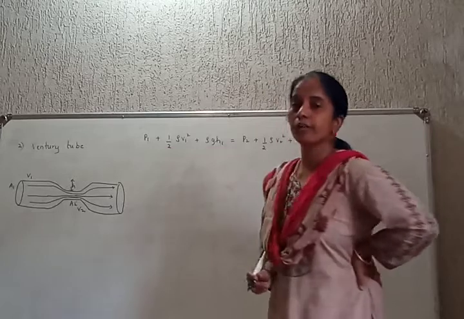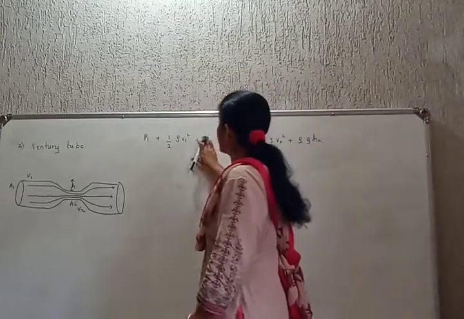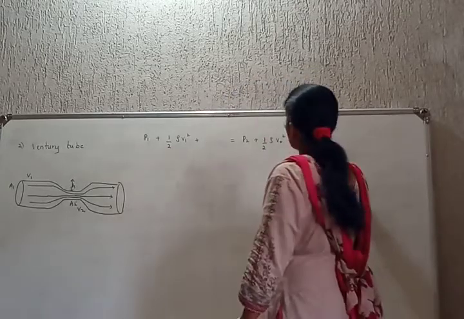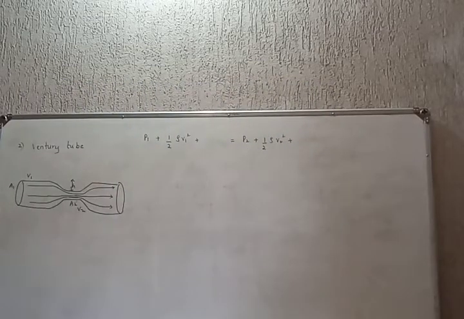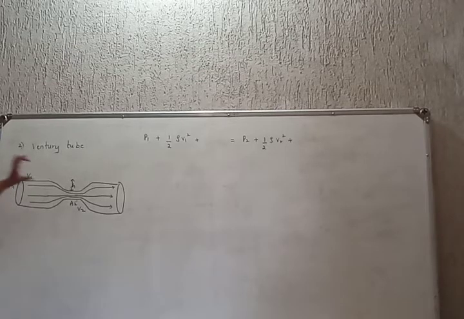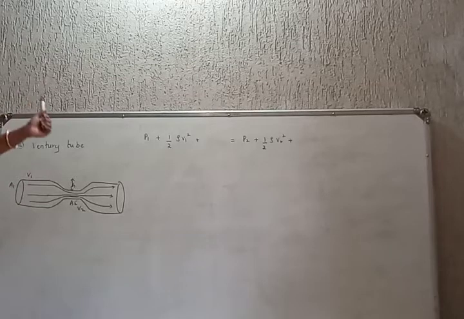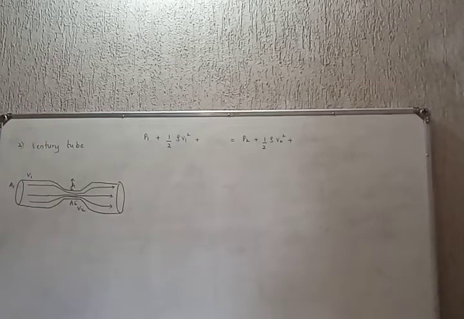Students, तुम्हाला H1 and H2 घ्यायची गरज नाही because we are not considering the height here. So this is not required. What is Venturi tube? It is used to calculate the speed of a fluid inside a tube. Broad end, constriction end. Broad end is of area of cross section A1. Constricted end is of area of cross section A2.